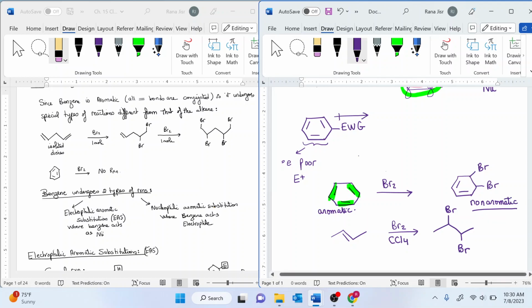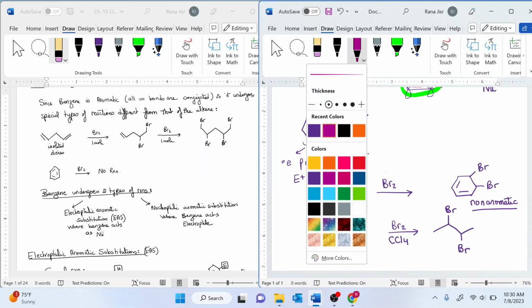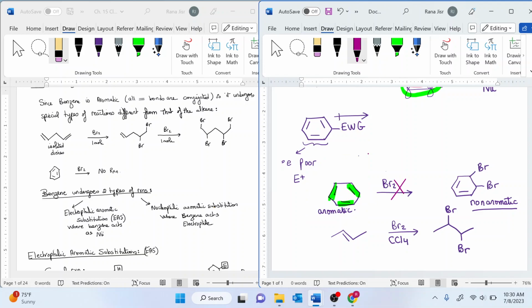This means that you are decreasing the stability of the product. Always, whenever you want to do a reaction, your product always needs to be stable. If your product is not stable, then the reaction cannot happen. So this means here that this reaction over here cannot happen as written, and I cannot break the double bond of the benzene. I can do that with isolated dienes. I can break each one alone, but when the double bonds are conjugated, I cannot break one without breaking the other.